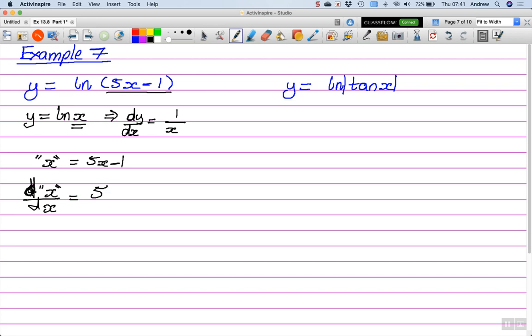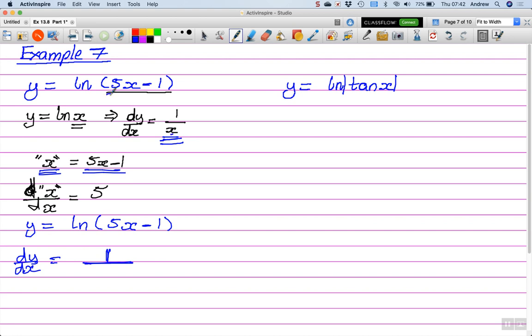So now we're going to apply the formula. So y is equal to ln 5x minus 1. So dy dx is equal to, well, what does the formula tell us? Well, the formula says it's 1 over x. Now be careful, because that isn't x. That x is this x, and this x is 5x minus 1.